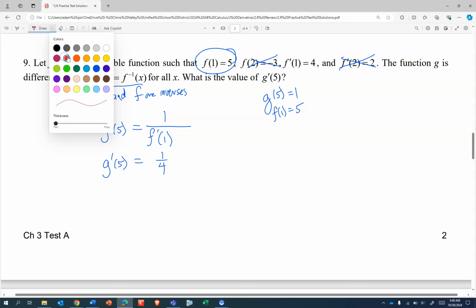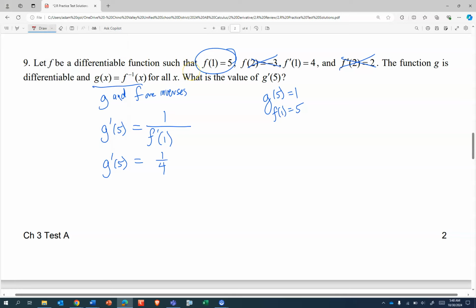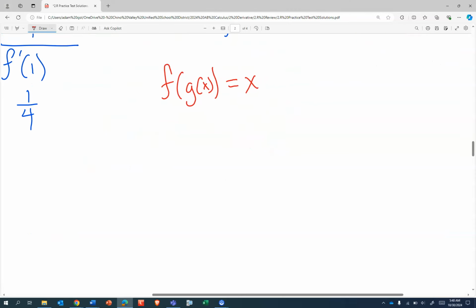If that's not good enough for you, let's change the color. Don't forget the definition of inverses. We could just say, and we don't need both halves, f of g of x equals x and g of f of x equals x. You can just choose one. And if you do that, we do f prime of g times g prime, just chain rule, equals 1. g prime of x is 1 over f prime of g of x.